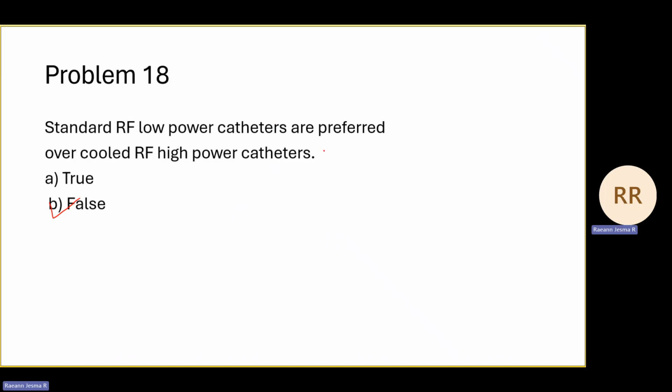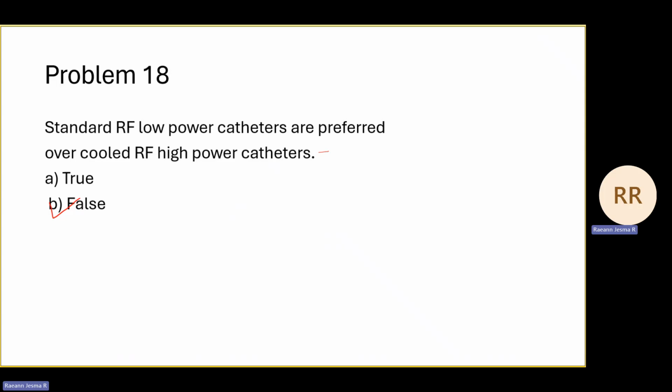So we prefer high power catheters in order to ablate the cells faster. However, along with higher power, we also have higher temperature. That is a lot of heat that is generated. So when we are having a higher RF power catheter, we will cool the electrode through which the RF energy is delivered.